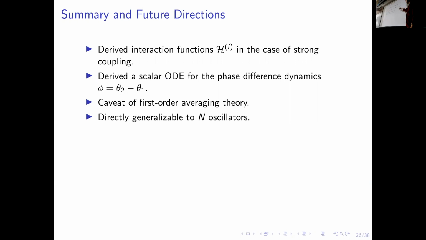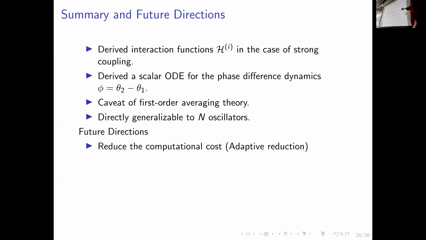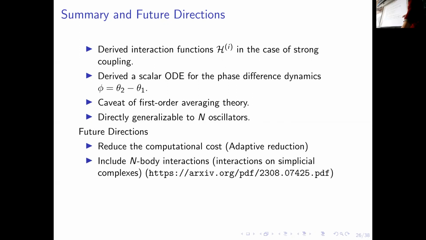We did have the caveat of first averaging. We did generalize to n oscillators, and in fact that's the work that will be accepted soon with revisions. But it turned out that if you have n oscillators with a stronger coupling, you end up with sufficiently complex dynamics.